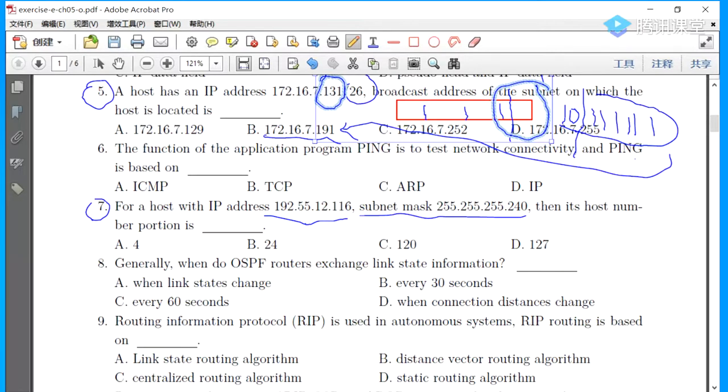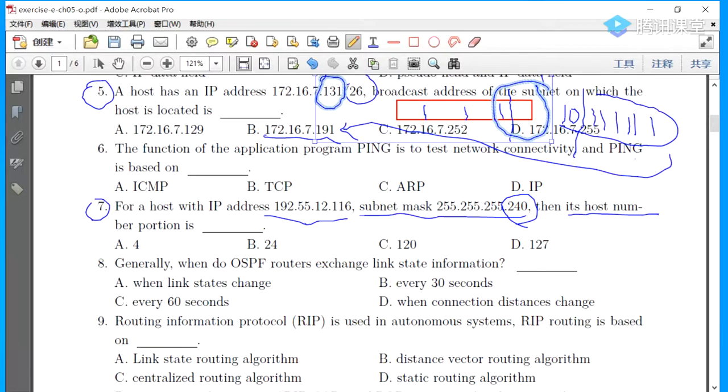The question is, what is the host number portion? So we should start from the subnet mask. Since 255 means all bits are set to 1, right?